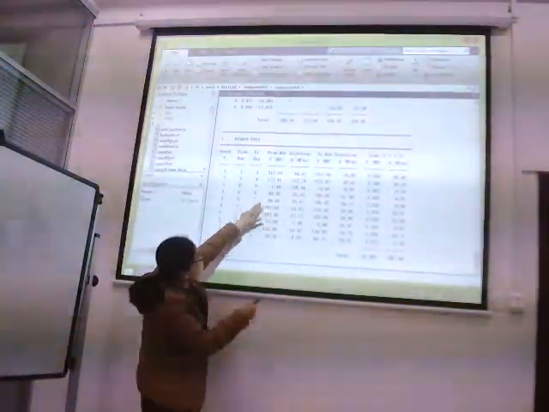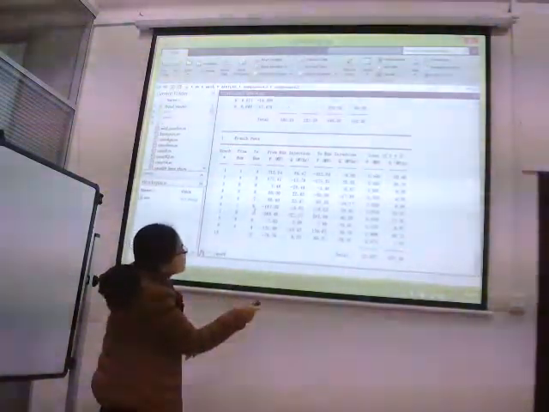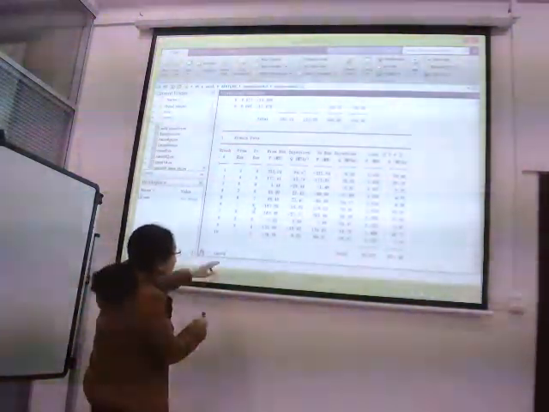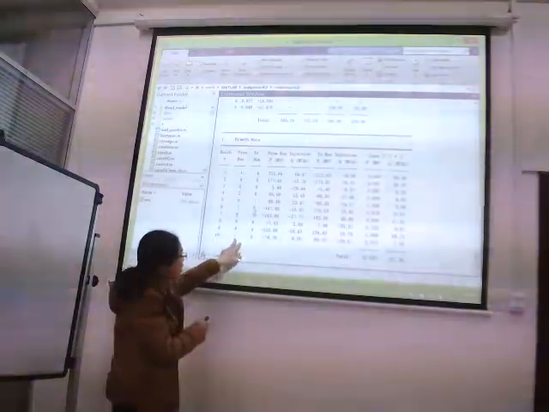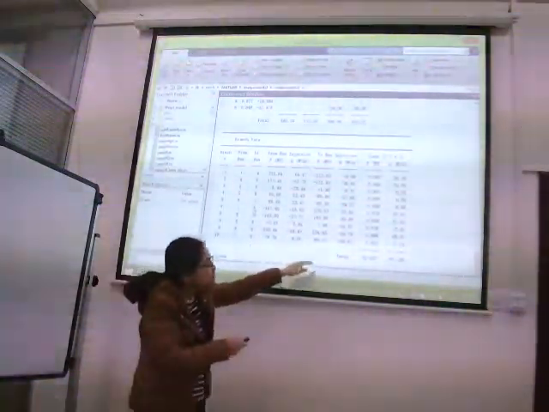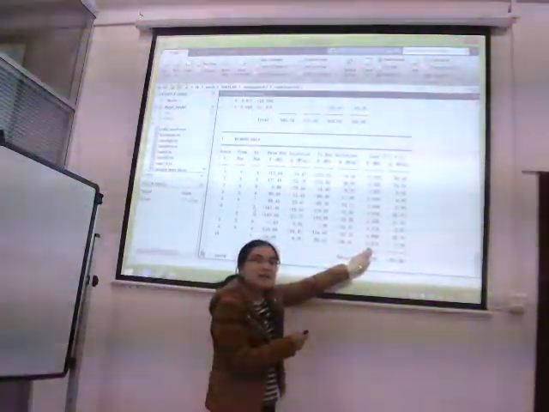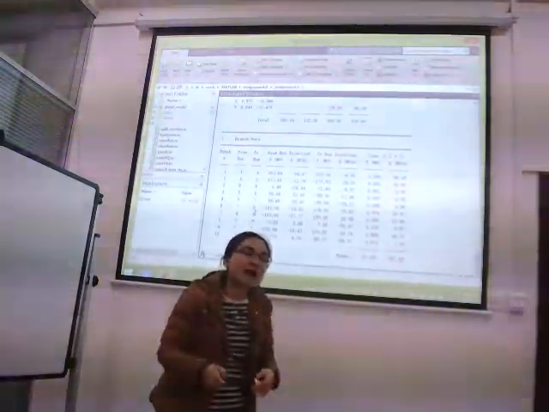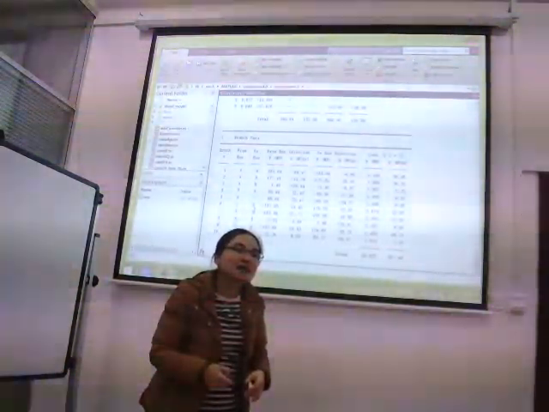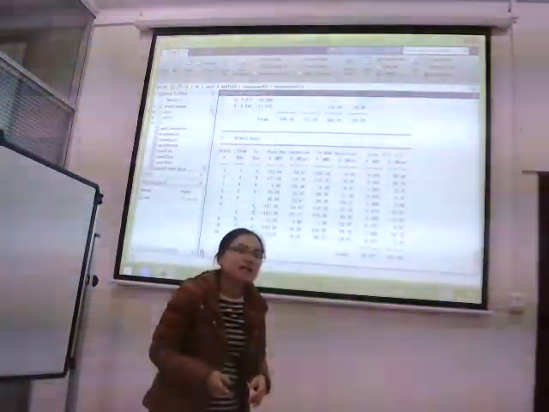The first branch, from branch 4 to branch 5, the loss is very large. And the second branch, from branch 7 to branch 5, the power loss is large. Okay? This is the difference we need to compare and analyze. Is it clear so far?